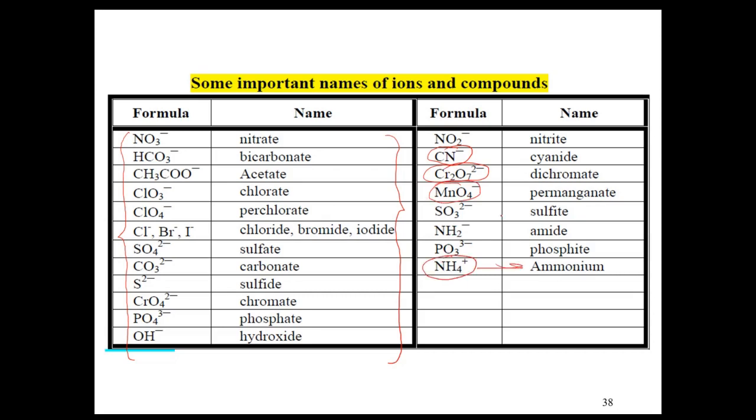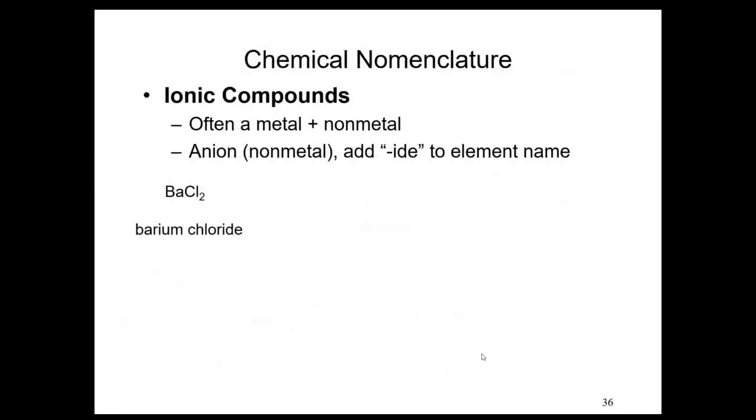You have to save only these. From the right side only these 4, and from the left side all, because we shall also use the left side in chapter number 4. Okay, now these ions are present there.